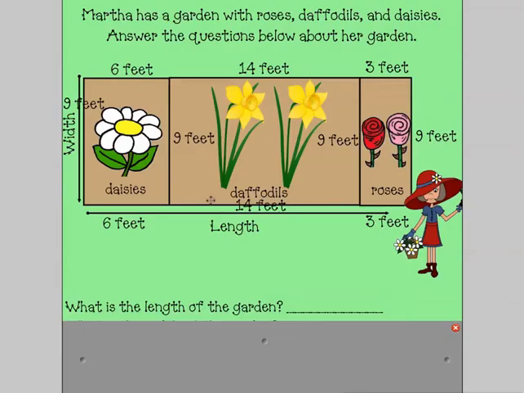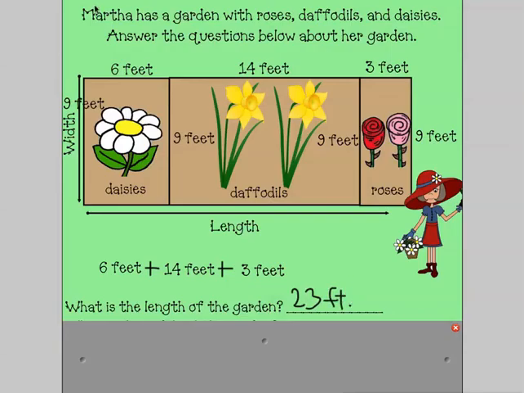So to solve this problem, I'm going to have to do the 6 feet of the daisy section plus the 14 feet of the daffodil section plus the 3 feet of the roses section, and that is going to give me the entire length, this entire side right here of her garden. So 14 plus 6 is 20, plus 3 is 23. So the length of Martha's garden is 23 feet.